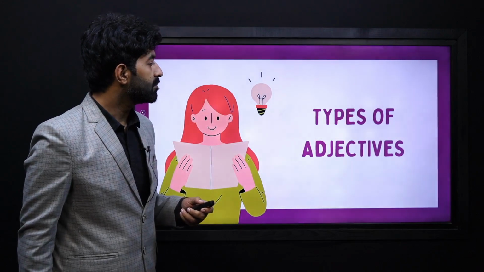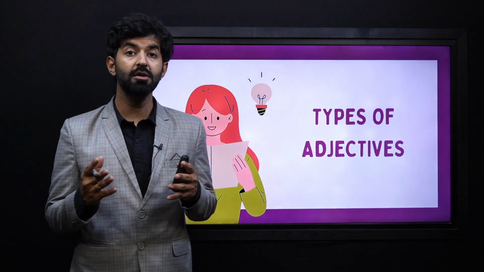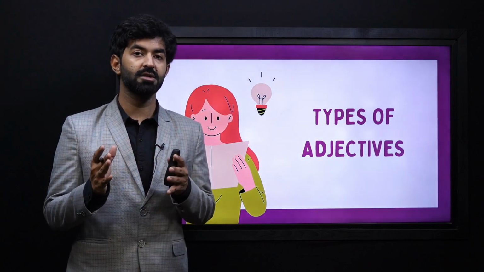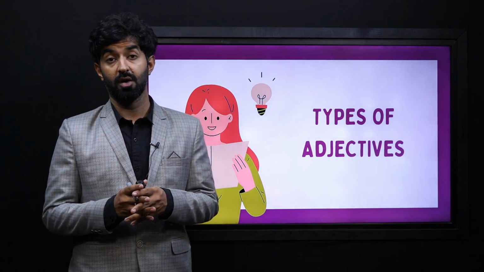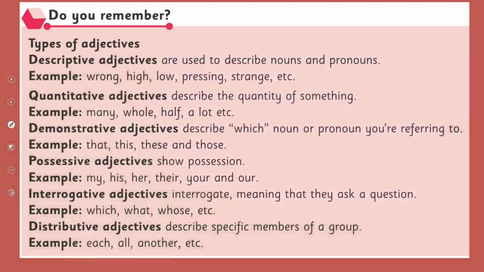Now let's talk about types of adjectives. Yes, we have so many different types of adjectives to explore. Now that we are clear about adjectives and familiar with the examples, let's get going with types of adjectives. Number one is descriptive adjectives. They are used to describe nouns and pronouns.